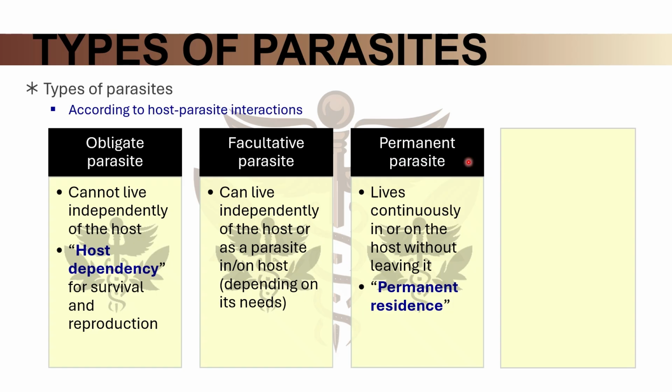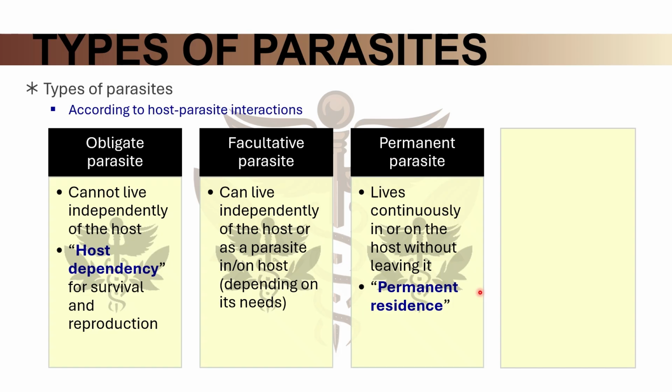On the other hand, permanent parasites spend the entire duration of their life associated with the human. For permanent parasites, the host is their permanent residence. In this way, both obligate and permanent parasites depend on their host, but permanent parasites never leave the host at any point in their life cycle.